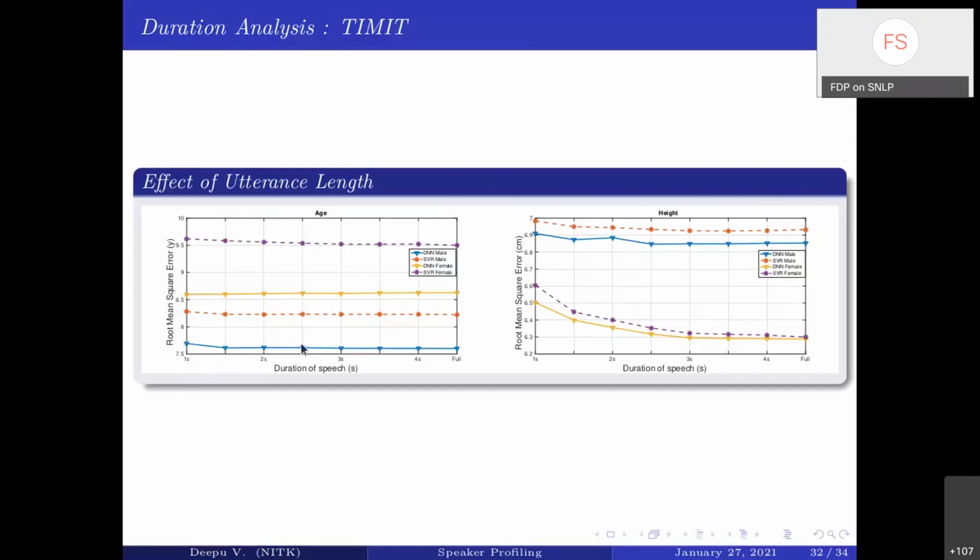The lowest line is the DNN here. Similarly, in the second picture, the lowest one, the yellow one, is the DNN, and it gives the lowest error when you reduce the size of the speech input data.